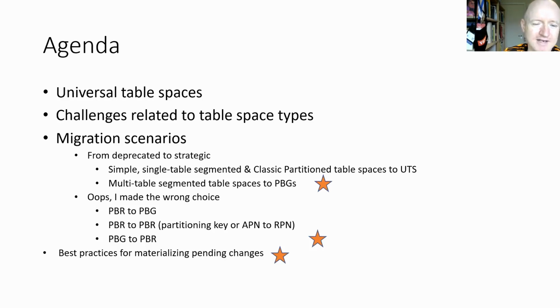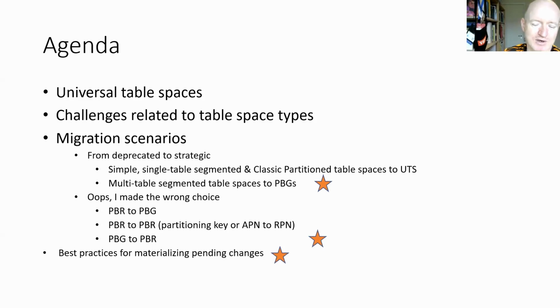Then another reason why you want to migrate from one tablespace type to another is that you, for whatever reason, made a wrong choice originally. So maybe you want to move from a PBR to a PBG, or you want to move from one PBG to another PBG. For instance, you might want to change the partitioning key, or you want to move from absolute page numbering to relative page numbering.